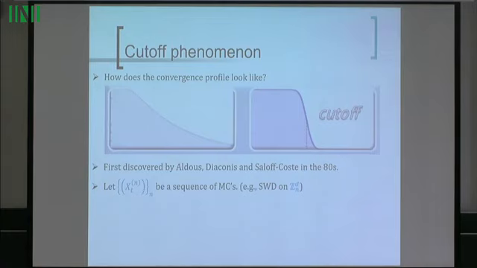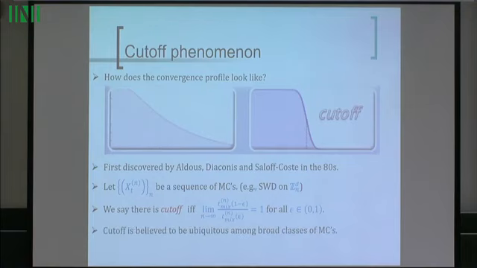Okay? So we say that there's cutoff if this ratio converges to 1, and this says that the time you need to just slightly mix, when your distance drops to just 1 minus epsilon, is asymptotically the same as the time you are very well mixed, when your distance drops to epsilon. Okay?